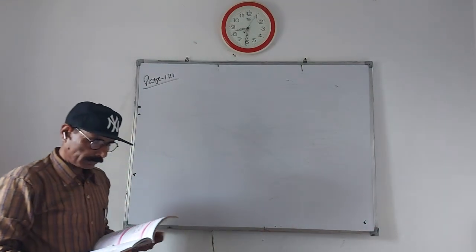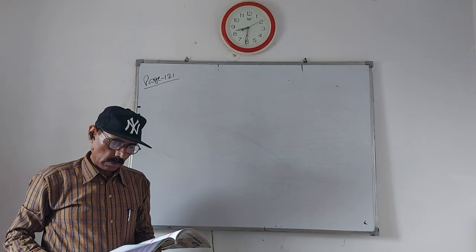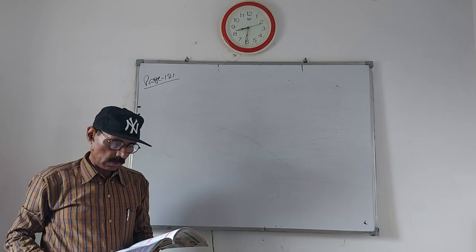Next, question number 8 on the same page: when you add an odd number to an even number, we get a multiple of 6.